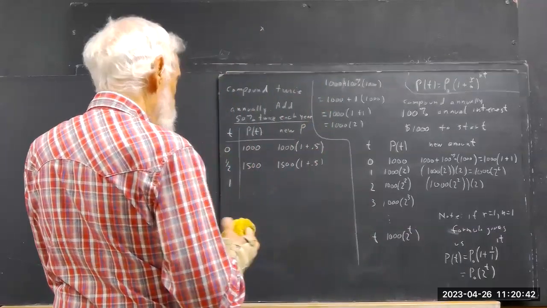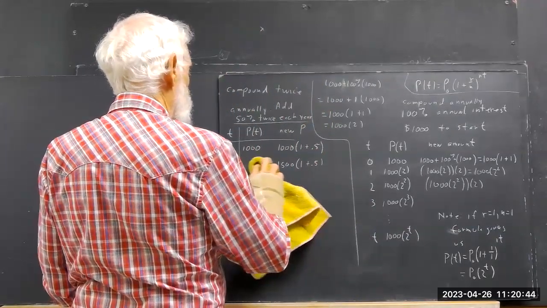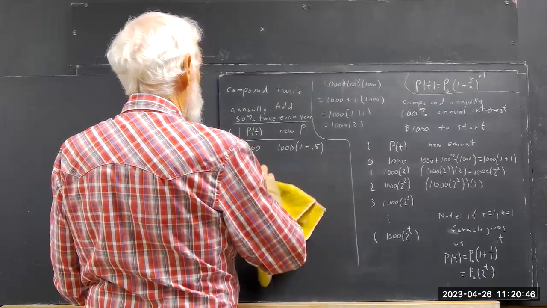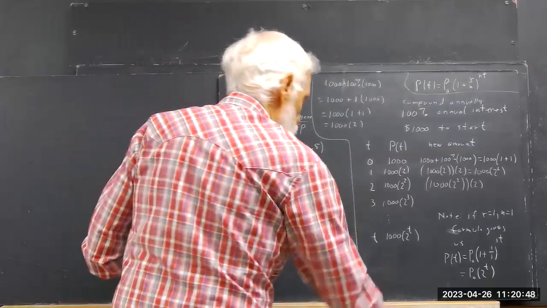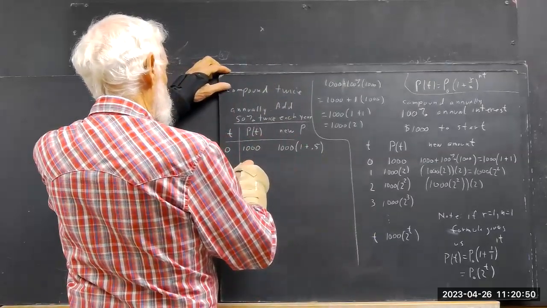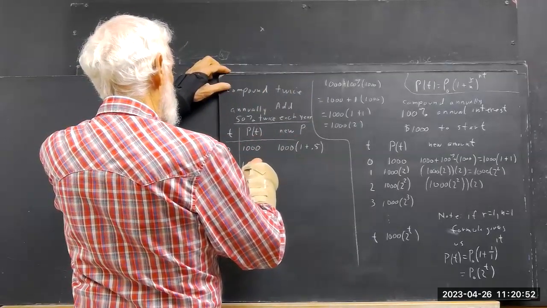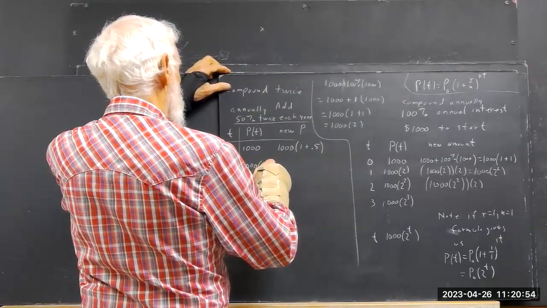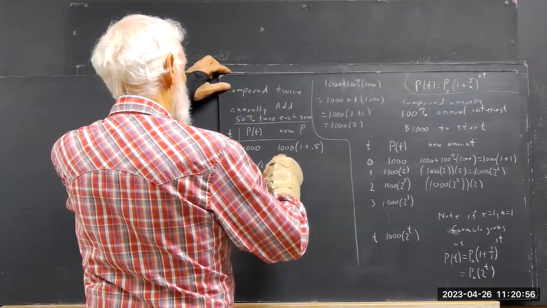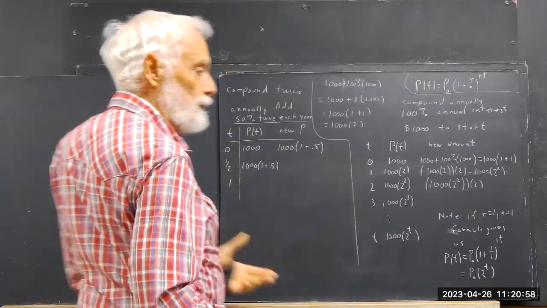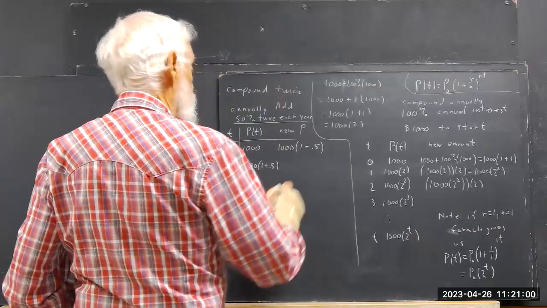And, you know, I haven't been writing it out that way, so let me just. Not the way I really want to. This is 50, this is 1,000, times 1 plus 0.5, of course, that is 1,500.